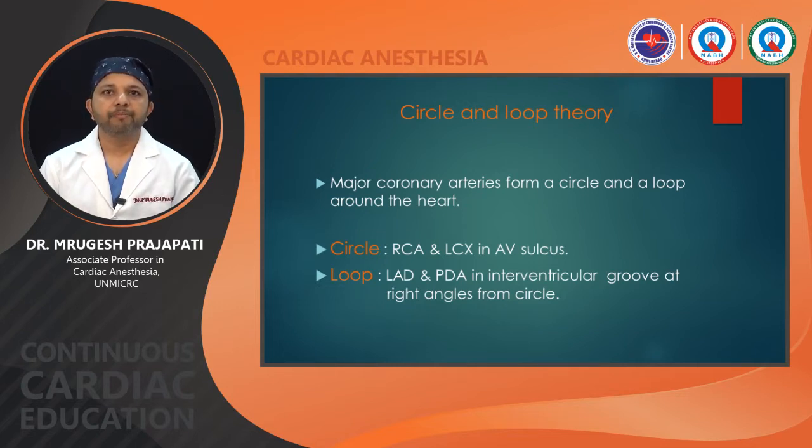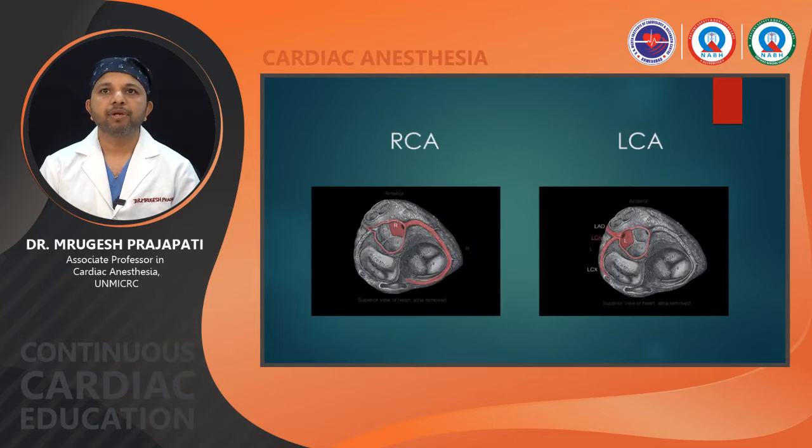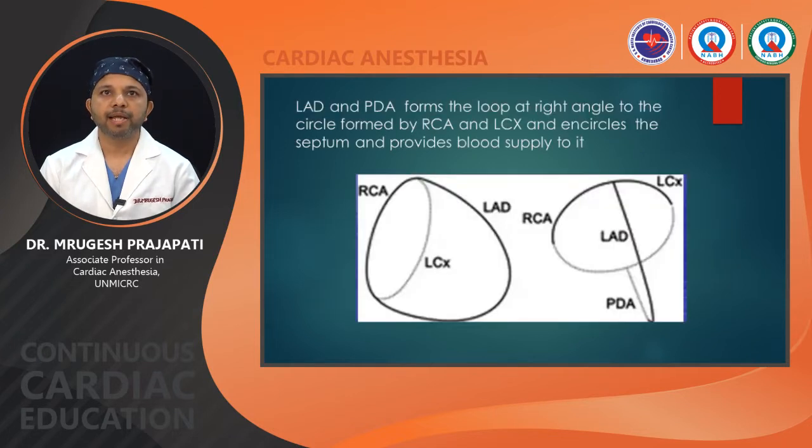The LAD and PDA in the interventricular groove form a loop at a right angle to the circle formed by the RCA and left circumflex artery, and encircle the septum and provide blood supply to it.